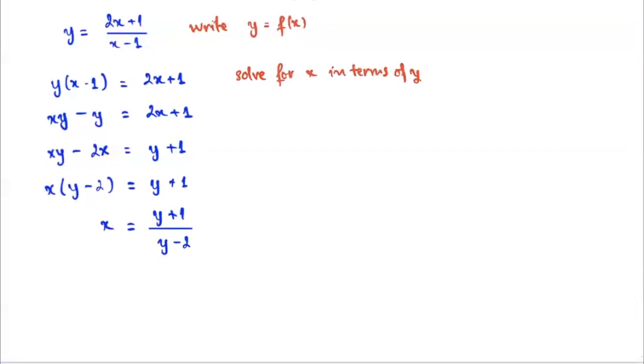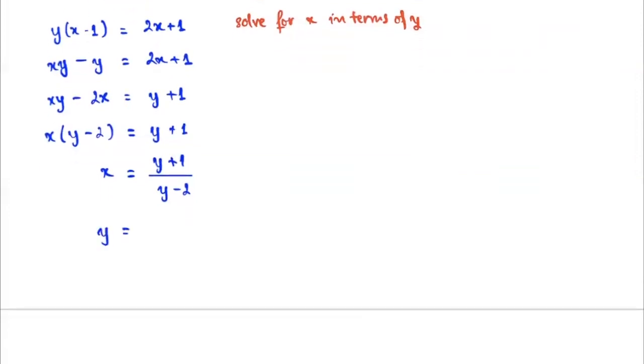Now, the next step is to interchange x and y. So x becomes y, y becomes x. So here you get y equal to x plus 1 over x minus 2. And this is the inverse function that you're looking for. Okay, so this is interchanging x and y.